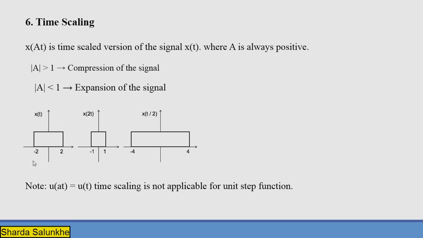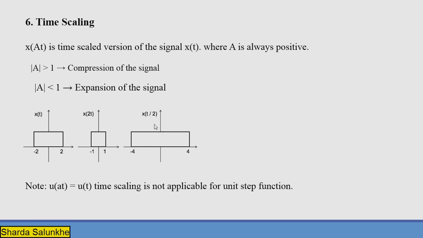Suppose this is your original signal x of t having the minus 2 to 2 period. If you want to do the operation x of 2t, where 2 is the scale factor applied to t, the time axis or x axis, you will get compression of the signal, that is, modulus of a is greater than 1.